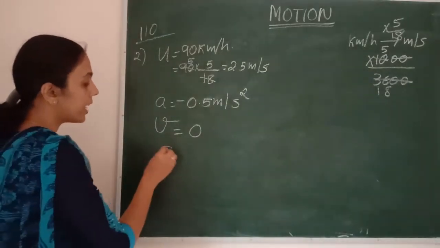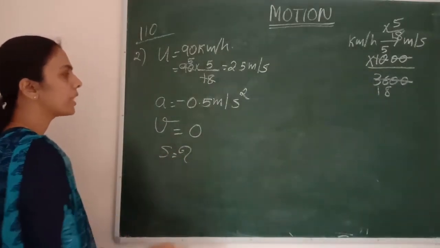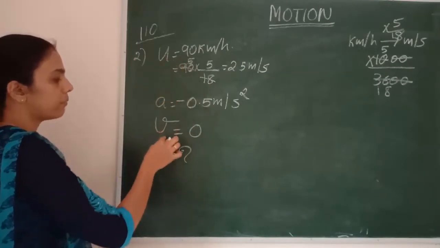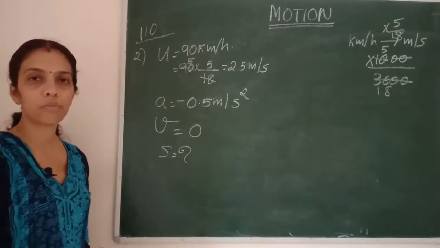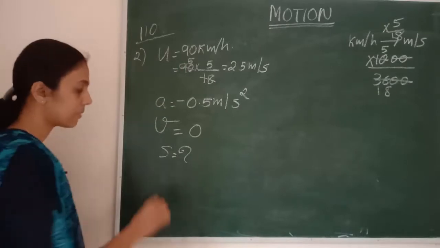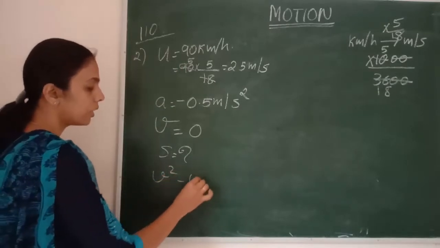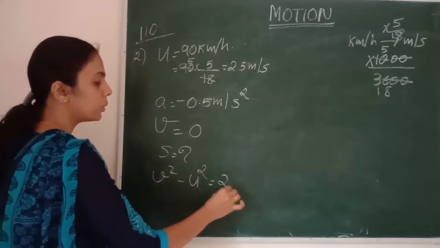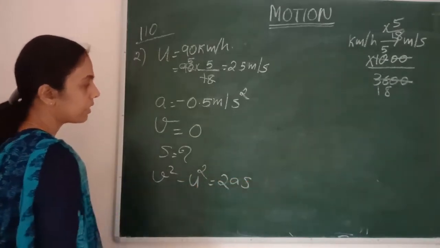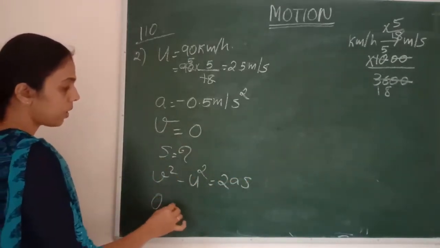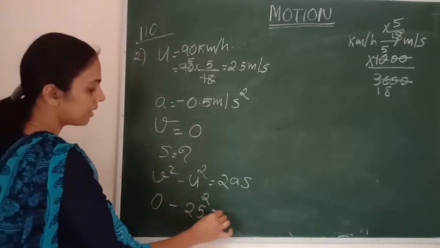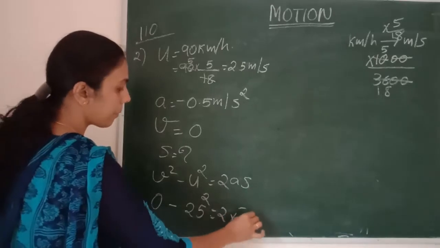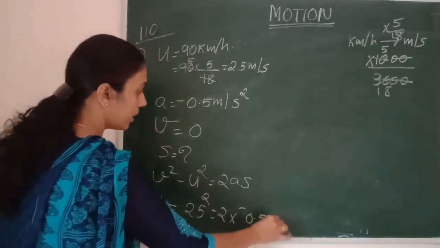Isn't it? So, u, a and v we have. How can we find it out? Which formula can we use for this? Yes, v square minus u square equals 2as. So what is v here? 0. Minus u is 25 square equals 2 into a into s, minus 0.5 into s.